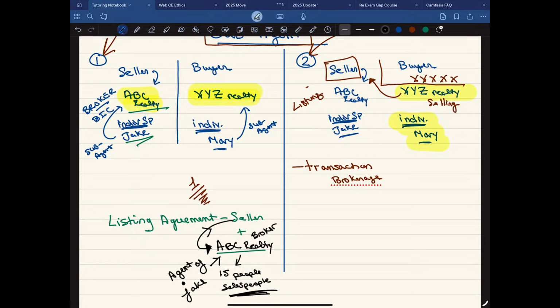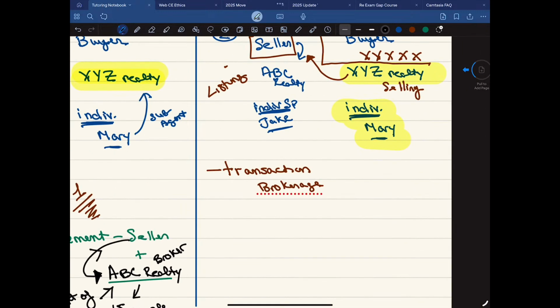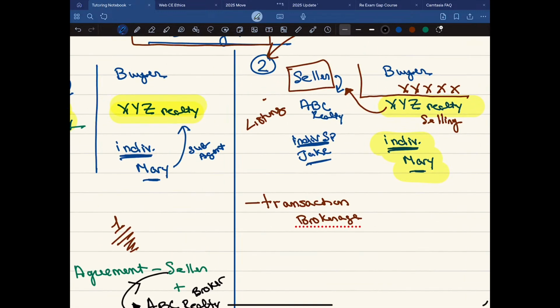Awesome. So, option number 2 is where you have a seller. That seller signs a listing agreement with ABC Realty. They are the listing agent. They owe fiduciary duty to the seller. All right.